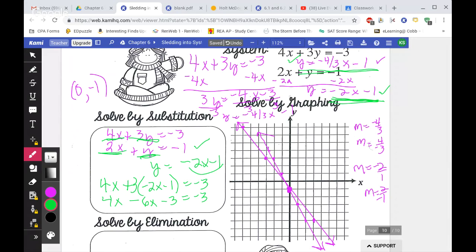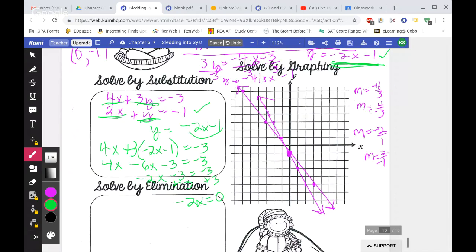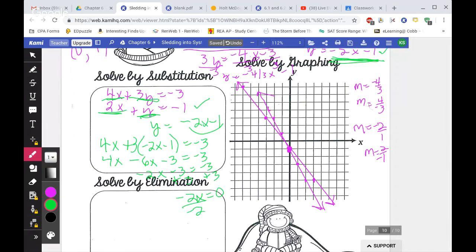And then 4x minus 6x is negative 2x minus 3 equals negative 3. I'm going to add 3 to both sides. Then I've got negative 2x equals 0. Divide both sides by negative 2. And x equals 0. Then I'll substitute back in.